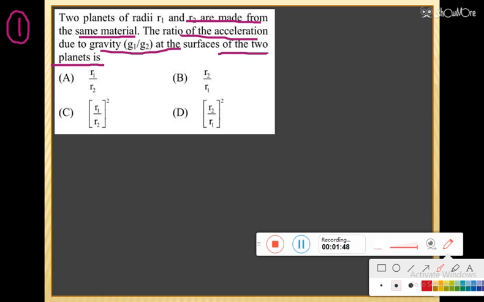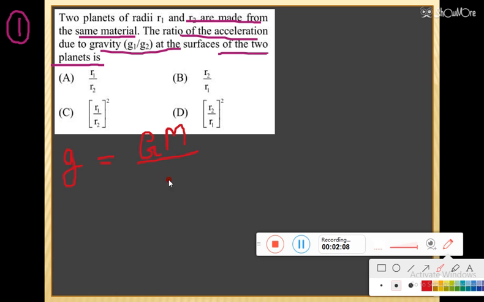So let's see how to solve the question. Basically students, the concept used is that acceleration due to gravity at any planet is equal to G into M by R square.